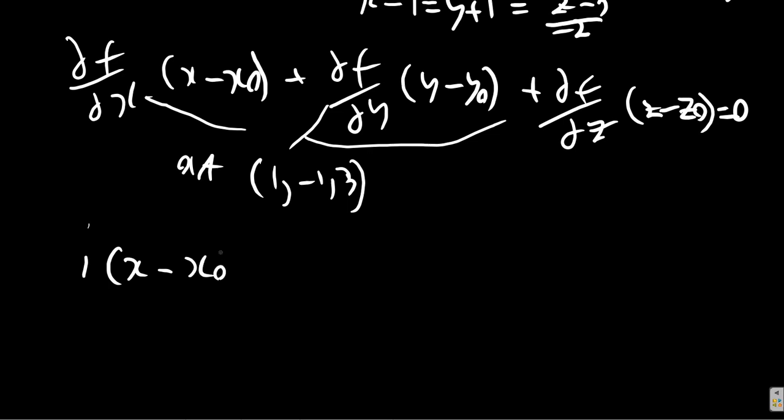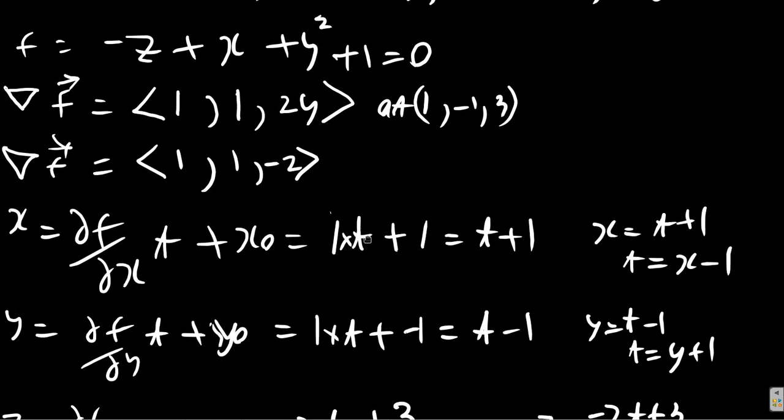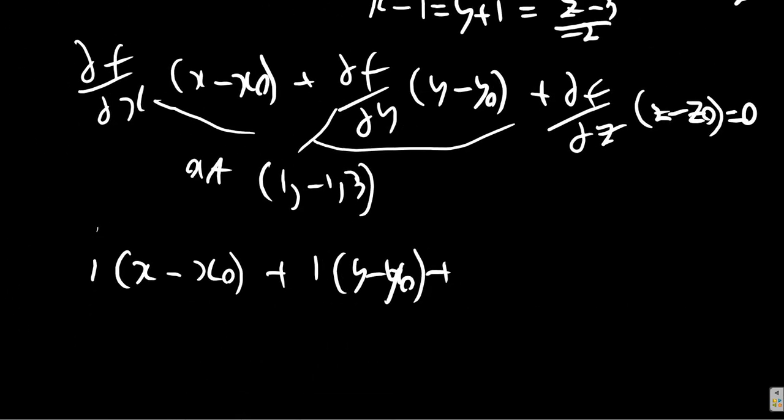Let's write it as x0 for now, plus delta f by delta y at the point is 1, times y minus y0, plus delta f by delta z at the point, which was negative 2, times z minus z0, equals 0.